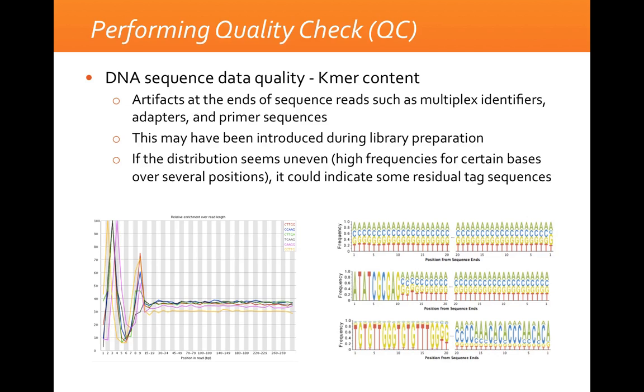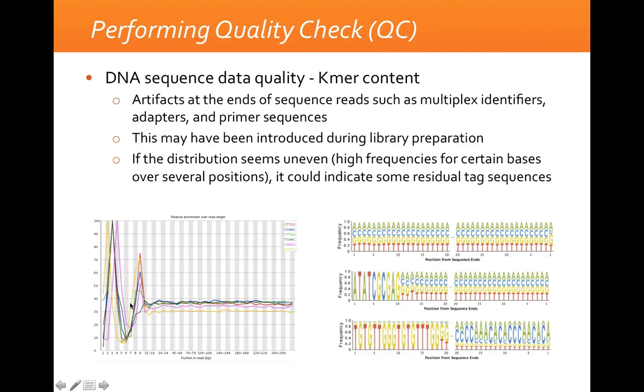In the sequence reads, you would expect an even distribution of the nucleotides in each position of your reads, but in some cases you will see a bias in some positions, especially in the beginning of reads, and this could be due to sequence adapters that haven't been removed, for example, that will introduce a bias in some positions.